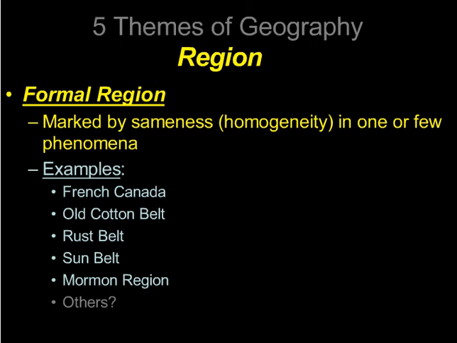The old cotton belt. And so the old cotton belt or the corn belt or the wheat belt are also examples of formal regions in which there's one or a few things that make that region unique and different from the neighboring regions. Another one is the Rust Belt and the Sun Belt, which we'll look at here in a minute. Also the Mormon region.